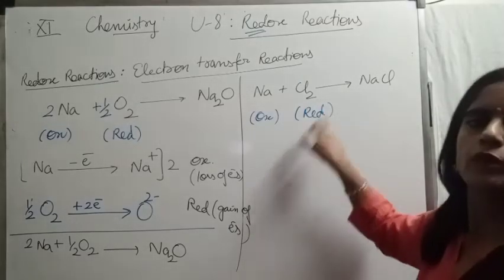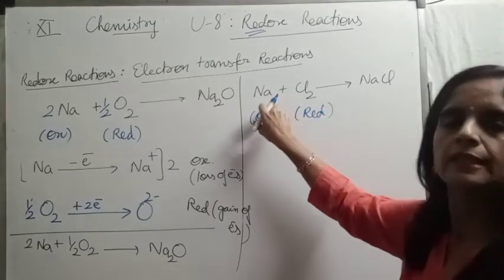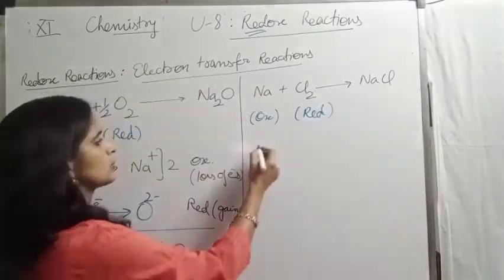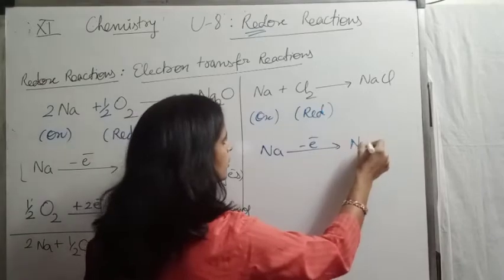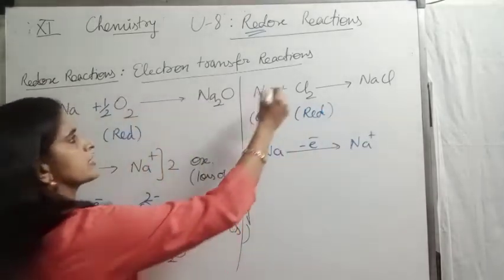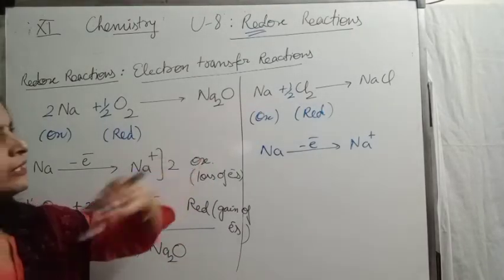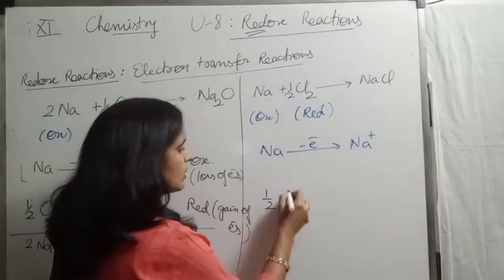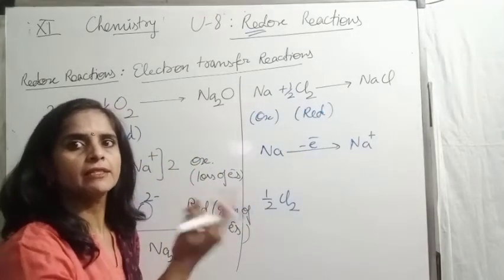Similarly, we can talk about formation of sodium chloride. Again, sodium, as it is an electropositive element, will lose electrons, and by losing an electron, sodium is converted into Na positive. Just balance this equation also. Second, chlorine is an example of an electronegative element. So half Cl2 will take this electron which is released by sodium.